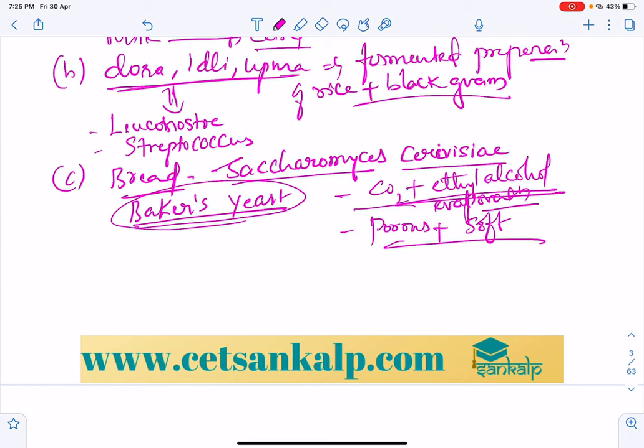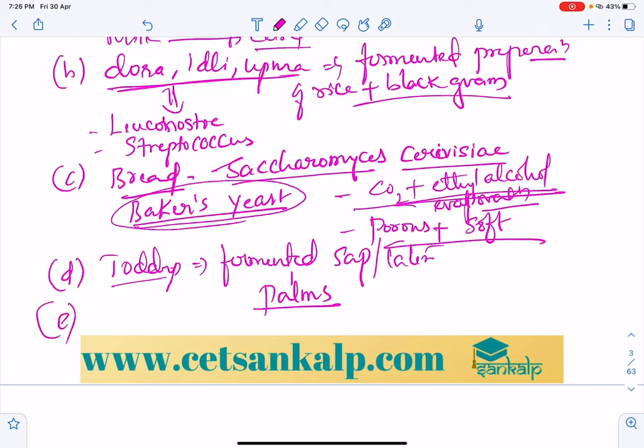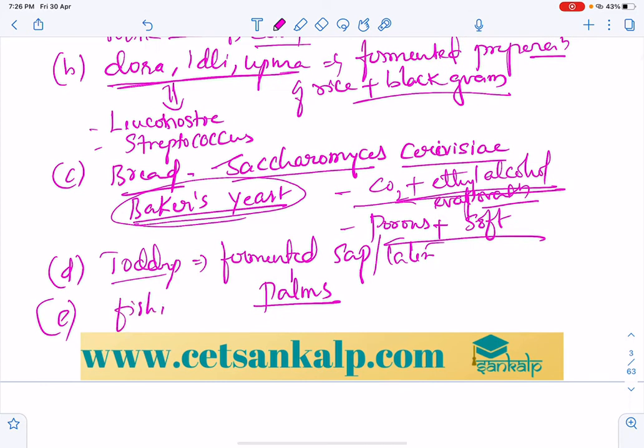And finally, earlier they used to obtain toddy. Toddy is actually fermented sap obtained from palms, that is latex sap. Some microbes are also used for the fermentation of fish, soybean and bamboo.